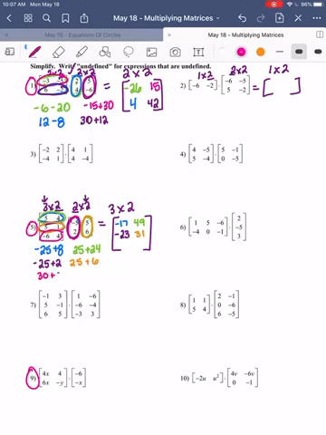So that's 30 plus 8. Okay, and then maybe I'll use black. I haven't used that. And then I'm going to do last row times last column. So that's going to be negative 30 plus 24.